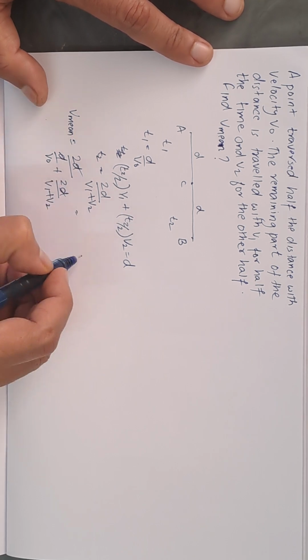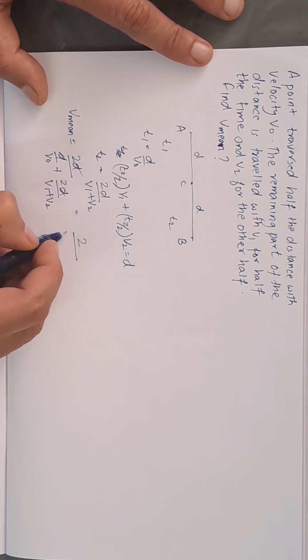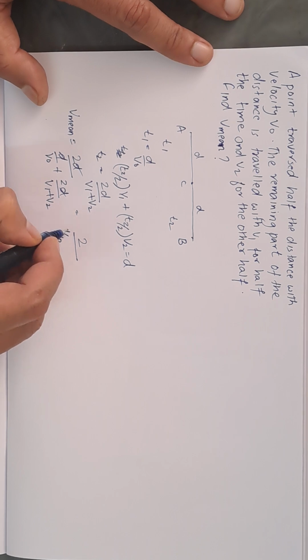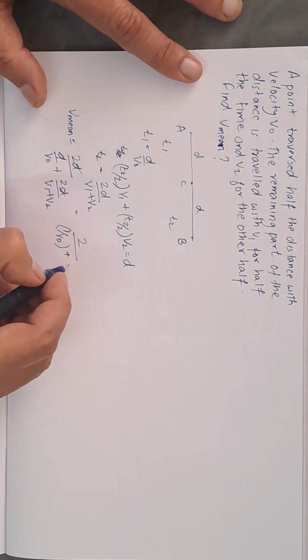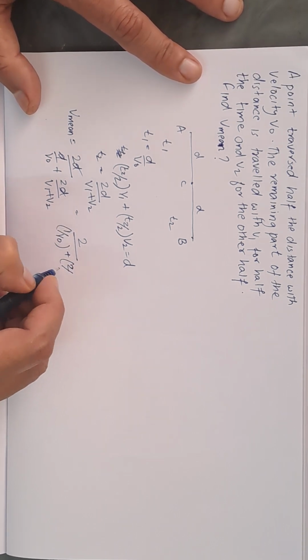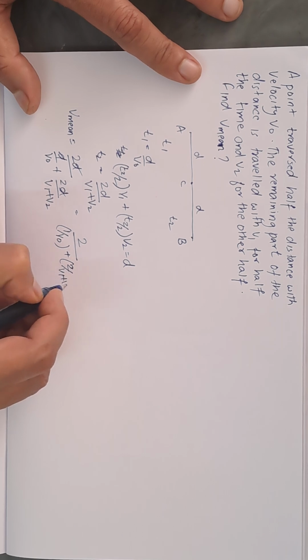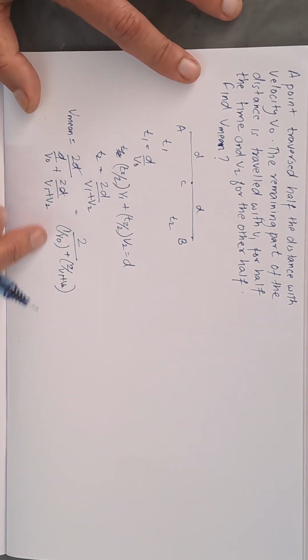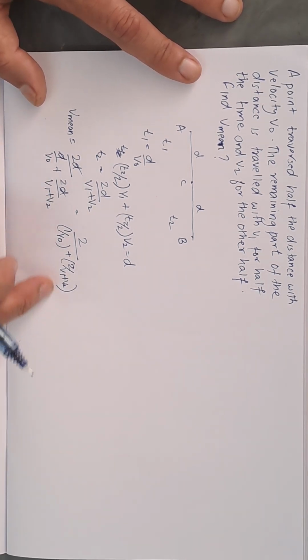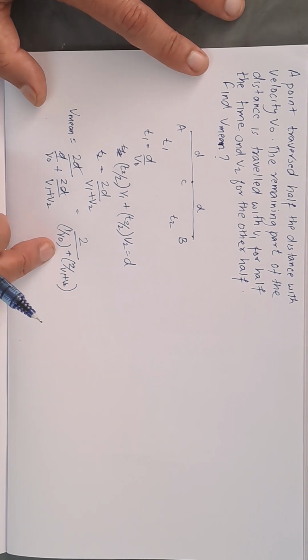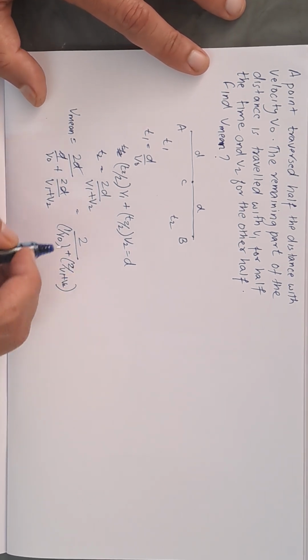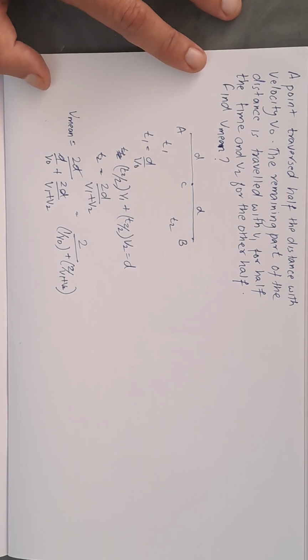So this is what you will get, 2 divided by (1 by v0 plus 2 by (v1 plus v2)). You can slightly rearrange this term and you'll arrive at the actual answer, right?